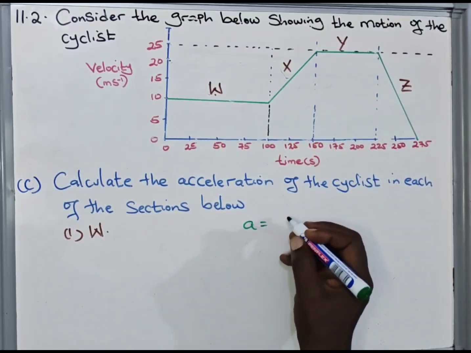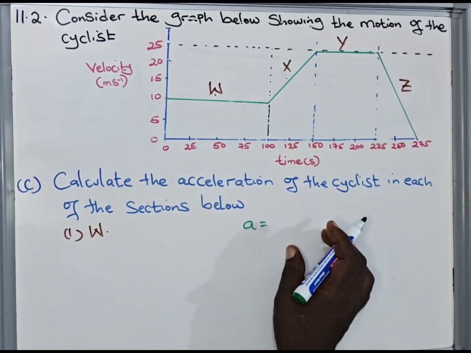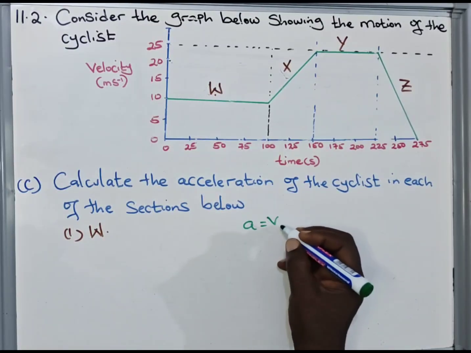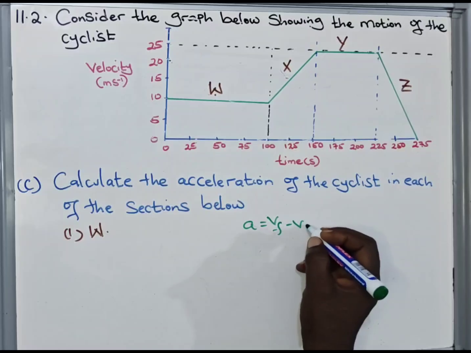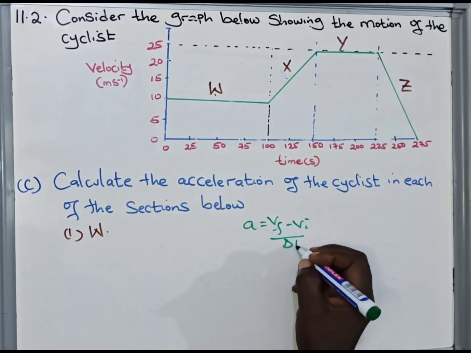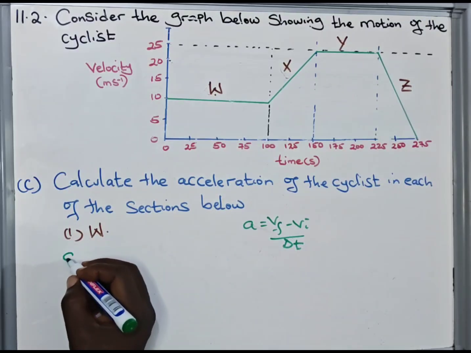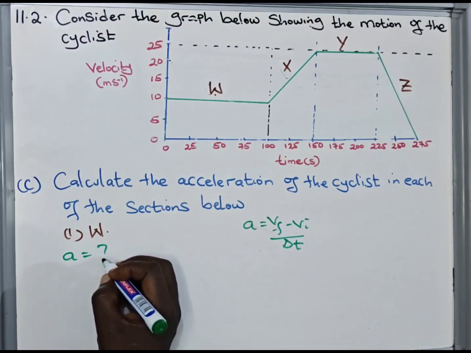Acceleration is change in velocity per unit time, or rate of change in velocity, given by Vf minus Vi over delta t. Do we know these variables? Acceleration is what we are looking for.